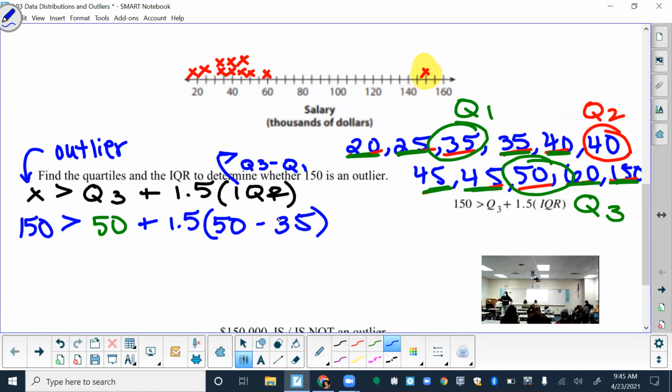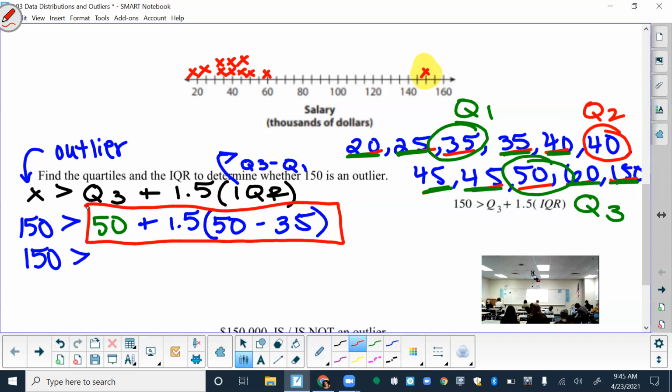Whichever one will get you the right answer, I'm perfectly fine with. So enter the right side of the inequality in your calculator and tell me what you get. You can fit the whole thing in your calculator with the parentheses and everything.